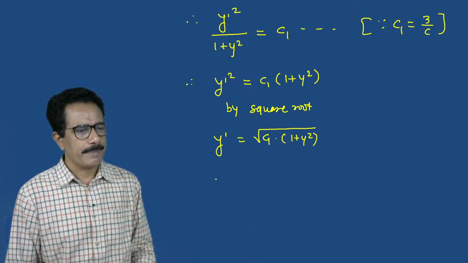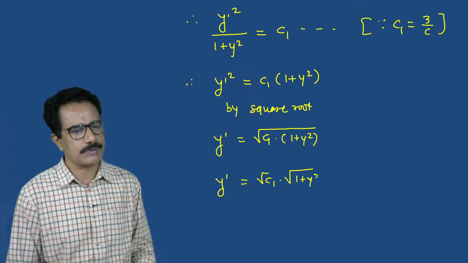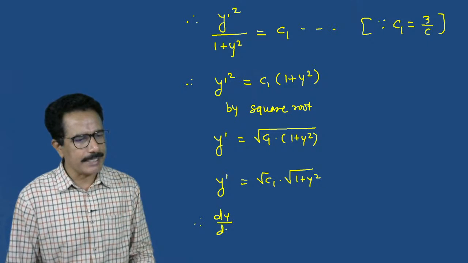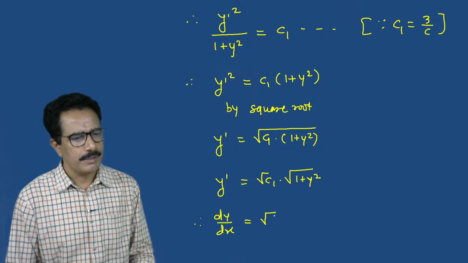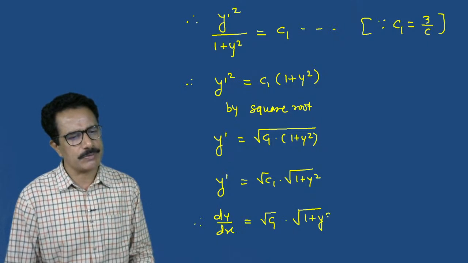So y dash is equal to root c1 into root of 1 plus y square. That means dy by dx equals root c1 into root of 1 plus y square.